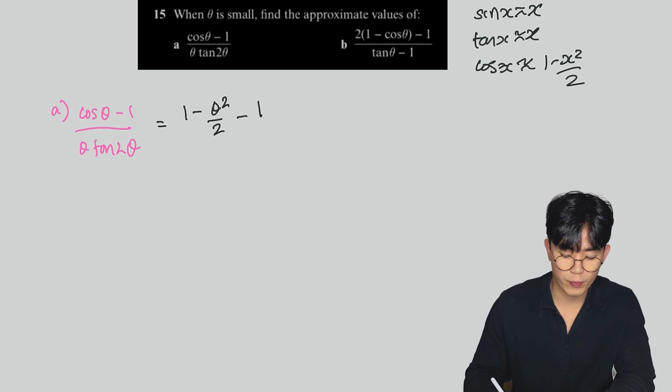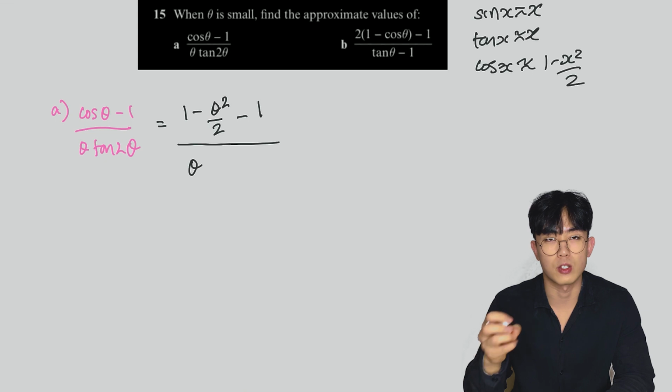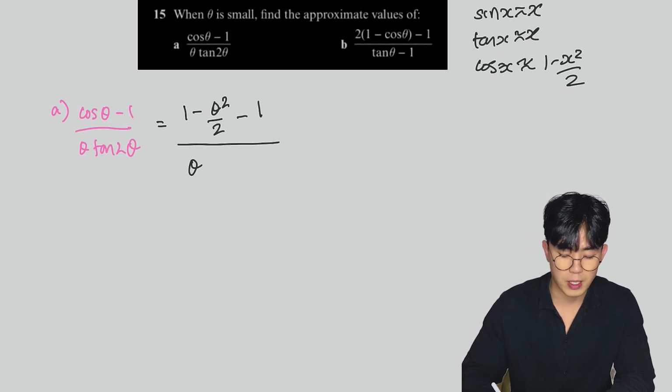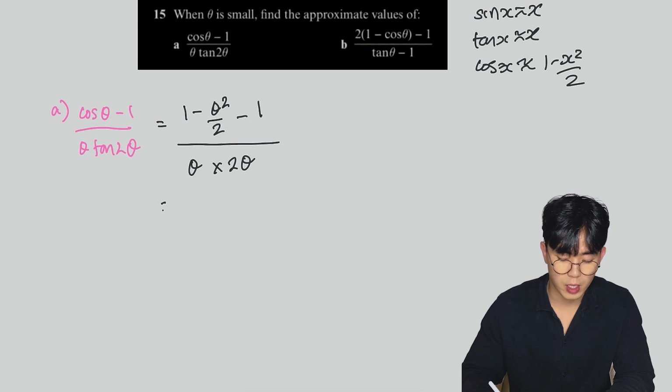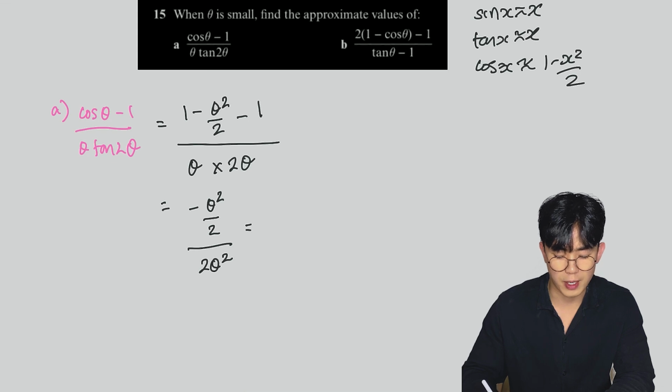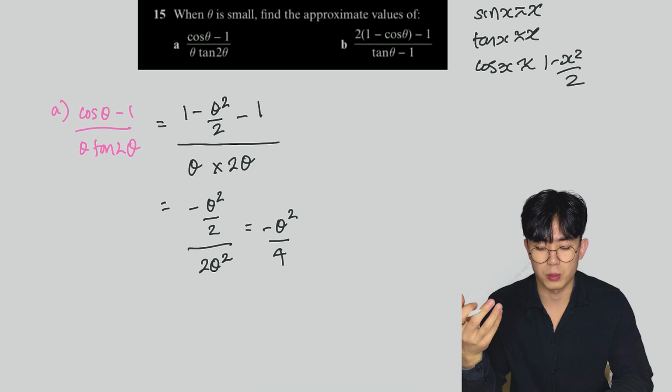And that's over theta times tan 2 theta. In this case, x is 2 theta, so we replace it with 2 theta, like this. And now we should always simplify it, so we get minus theta squared over 2, over 2 theta squared, which simplifies to minus theta squared over 4. We always want to make it as simple as possible.